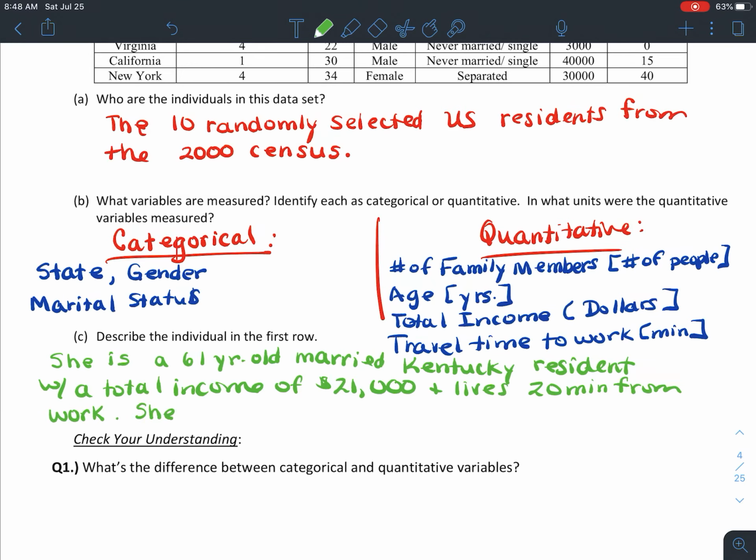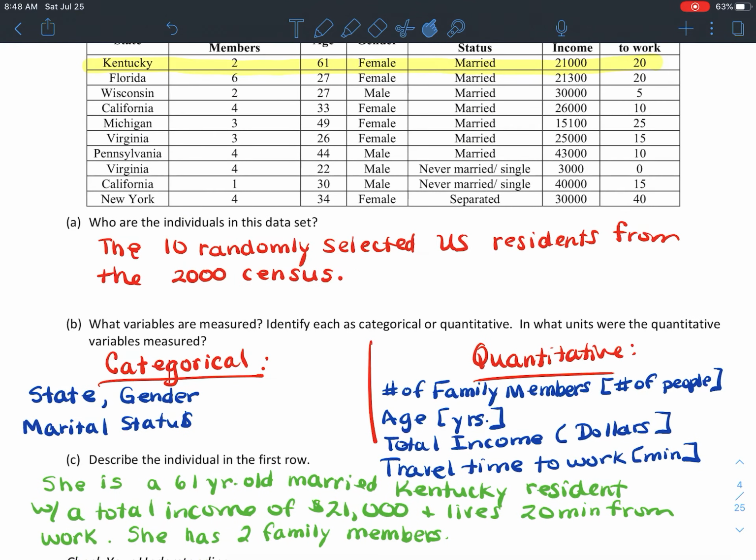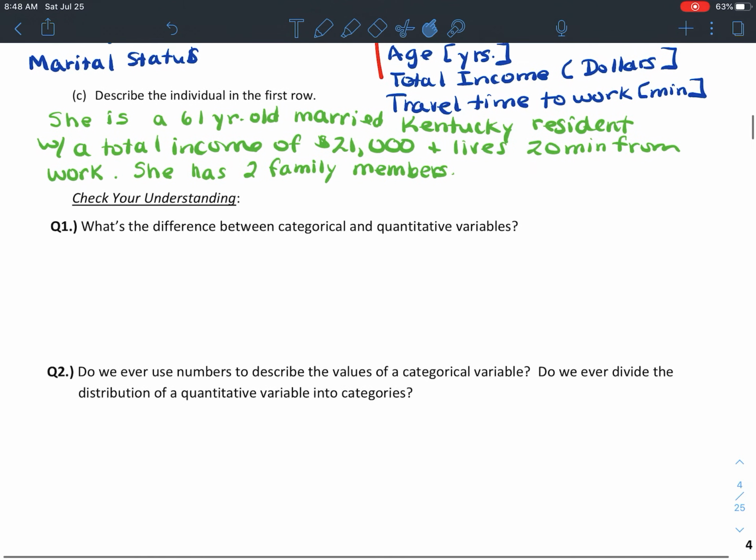And I think I left one thing out. She has 2 family members. Okay, I'm just going to scroll back so that you can see that. She has 2 family members there. Okay. All right, so the last 2 questions here.